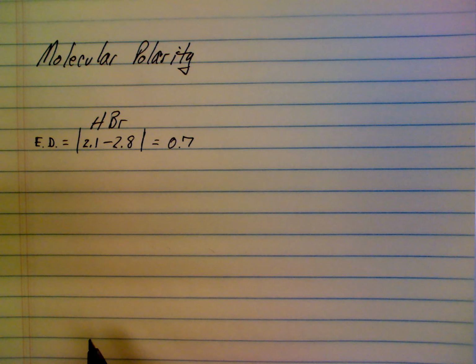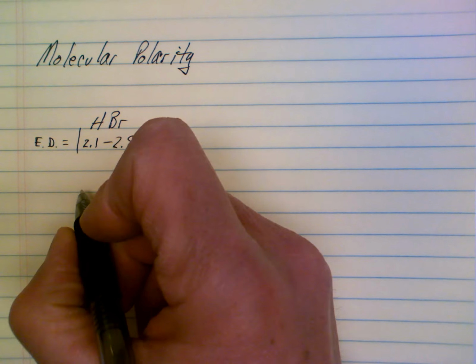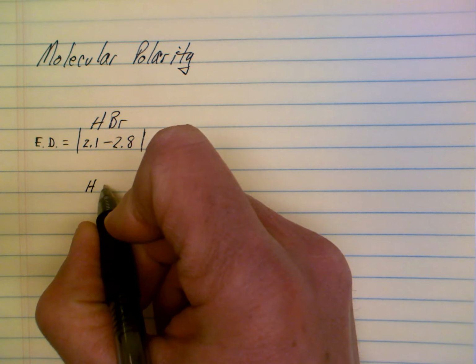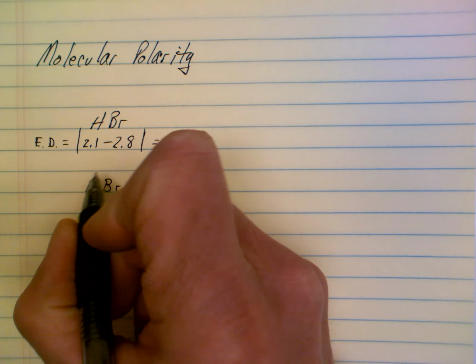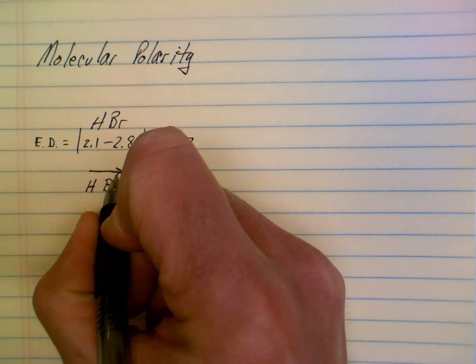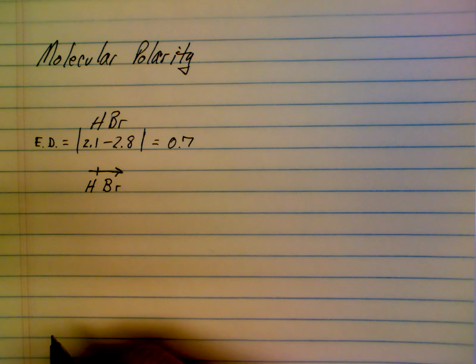So hydrogen bromide would have a polar bond, whereby the dipole would be heading towards the bromine because it has the higher electronegativity. So we would draw in our dipole as such.